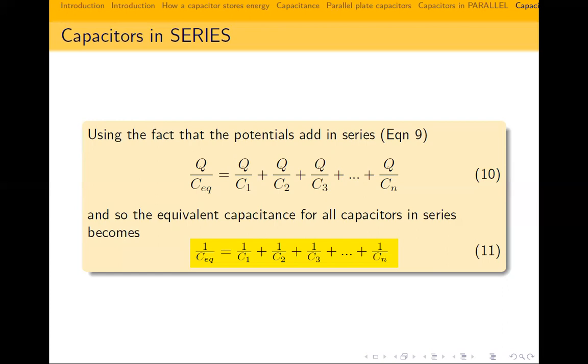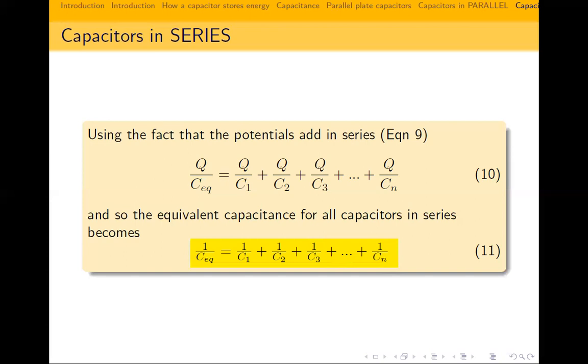We'll find that Q on the left and Q on the right will cancel out. So essentially what you remain with is that 1 over the total capacitance equals 1 over the first capacitance plus 1 over the second capacitance plus 1 over the third capacitance up to the last one.